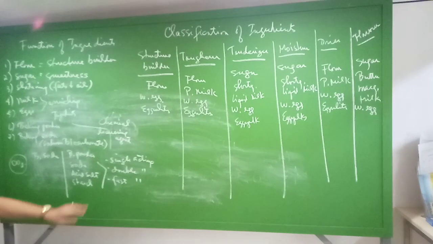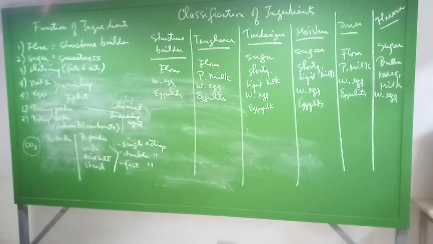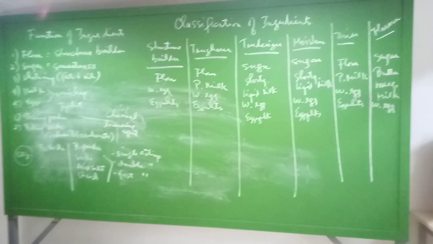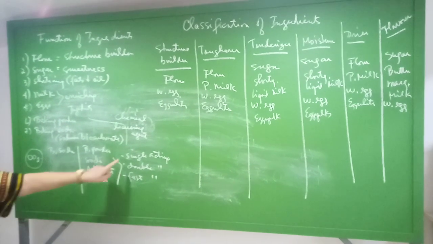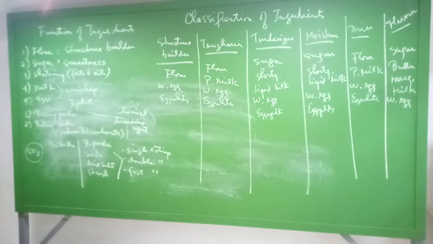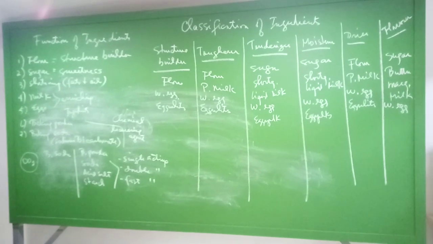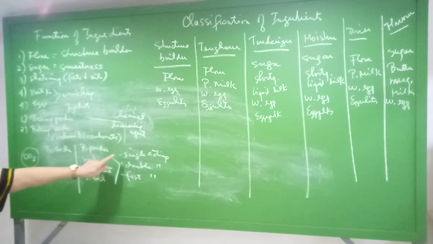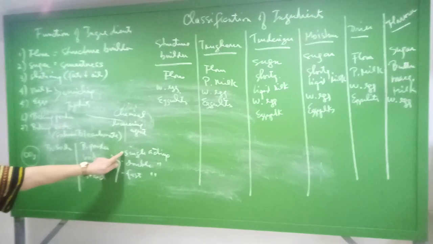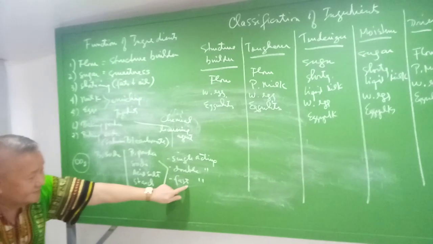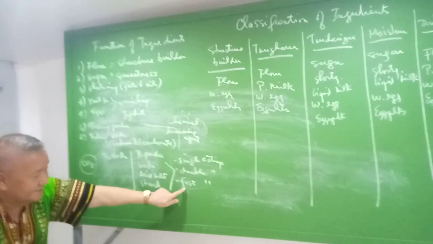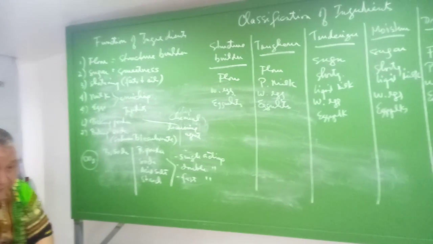Pag sinabi mo naman fast-acting baking powder, this kind of baking powder is the combination of the single and the double. Pag sinabing combination, it means yung chemical na present sa single at isang chemical na present sa double pinagsama dito sa klase ng baking powder.